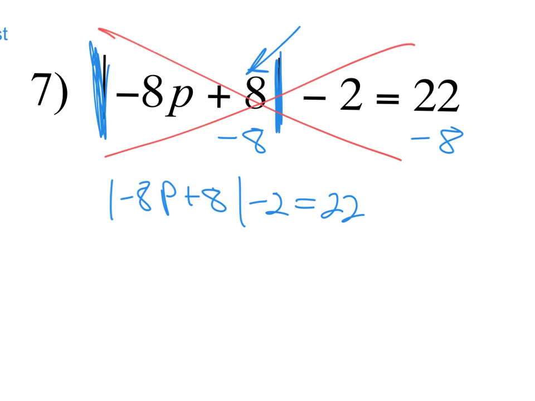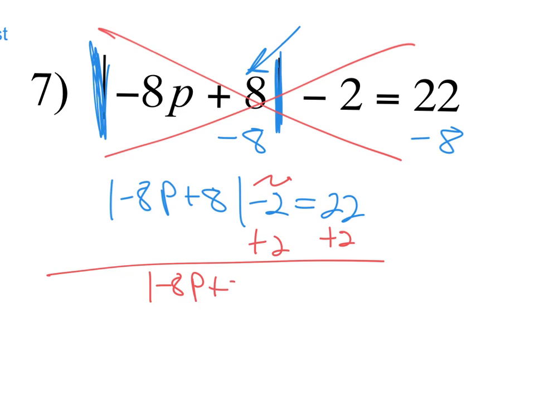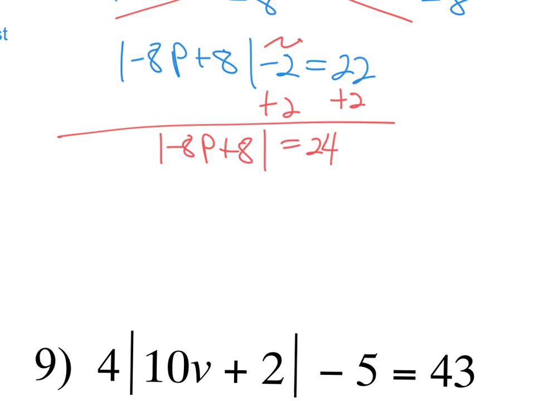So rewriting the problem, what we have to do first is deal with this minus 2 that's outside of the bars. So we'll add 2 to both sides, and we'll get the absolute value of negative 8p plus 8 is equal to 24. Now that the bars are by themselves, we're allowed to undo the bars and get our two cases.